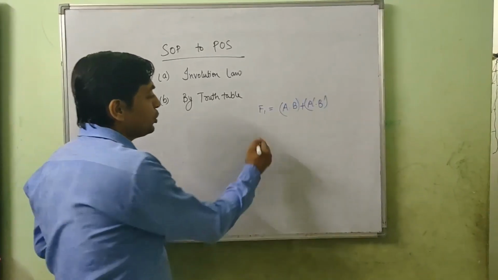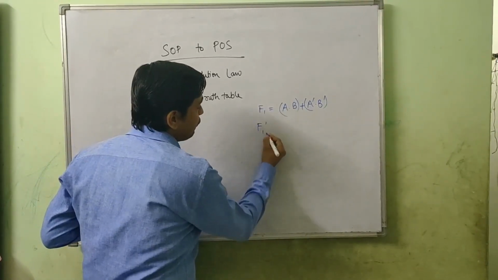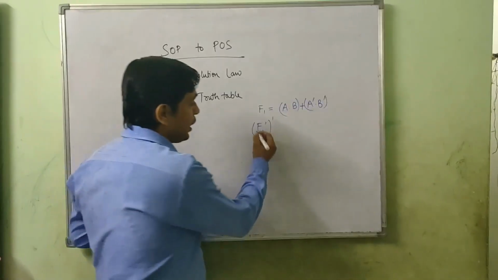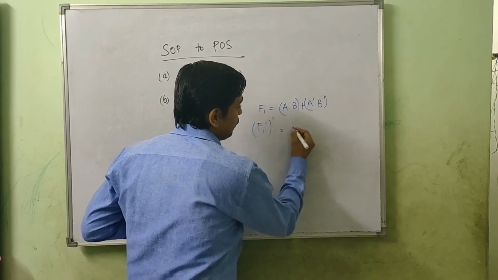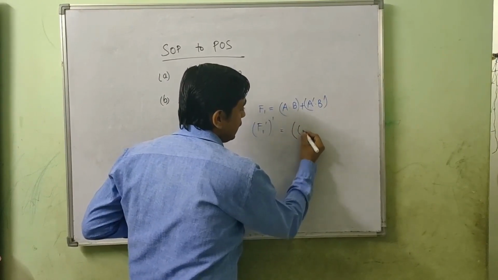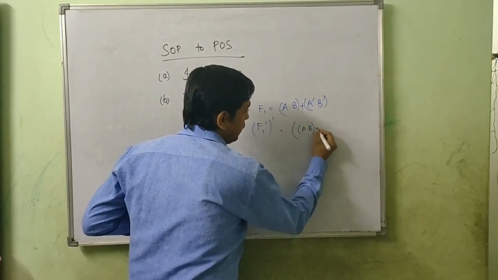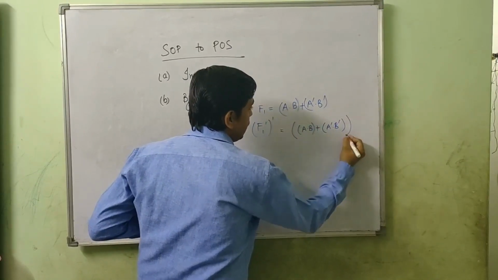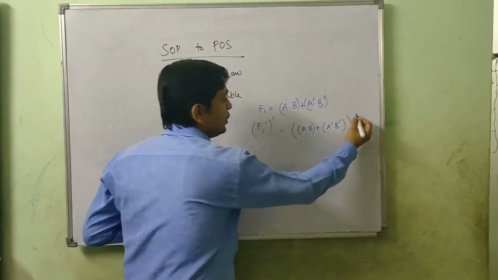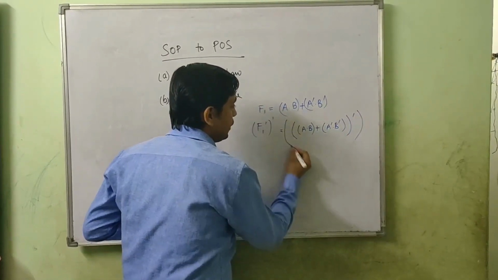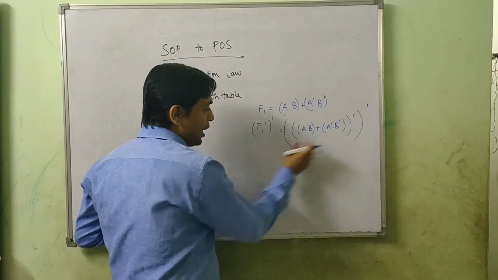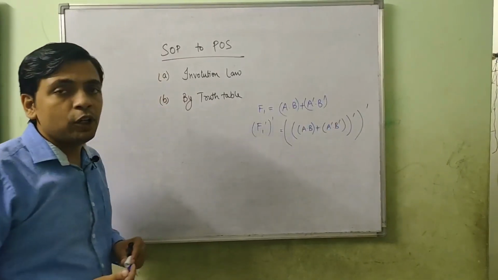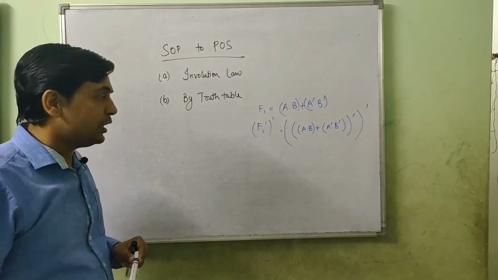So what we are going to do is make it f1 complement complement. f1 is this whole expression, so I represent it as the complement of the complement of a and b complement plus a complement and b complement. By involution law, the complement of f1's complement gives f1 itself.